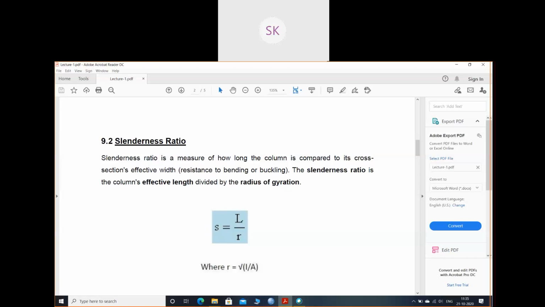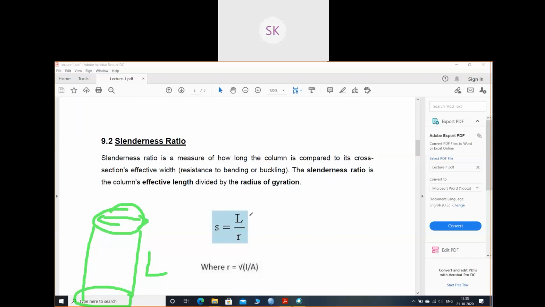So let me note. Suppose I'm showing the circular column; you can take the example of a rectangular or square column, anything. Slenderness ratio is the ratio of how long the column is and what its width is, the length of the column divided by its effective width.